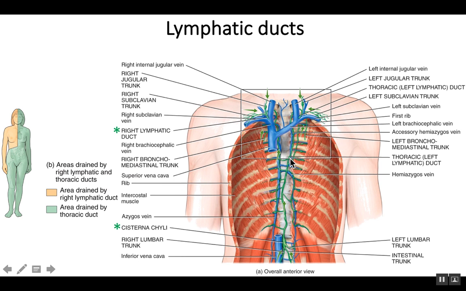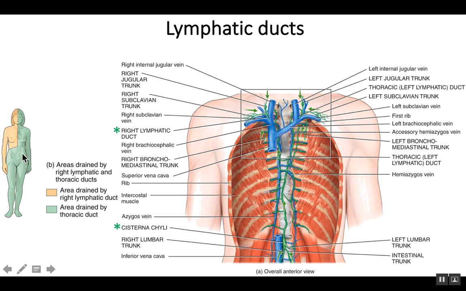And it travels up your chest and then eventually drains into the left subclavian vein right at the merge of the jugular and the left subclavian vein. So that thoracic duct, you'll notice on this drawing, collects more lymph. It collects the entire left side of the body and everything below your diaphragm.